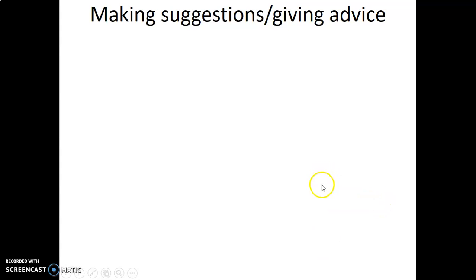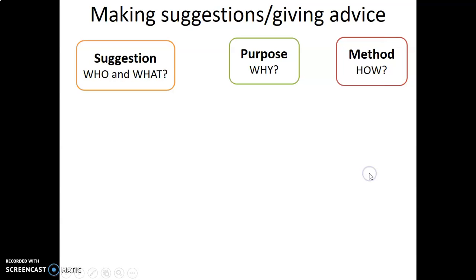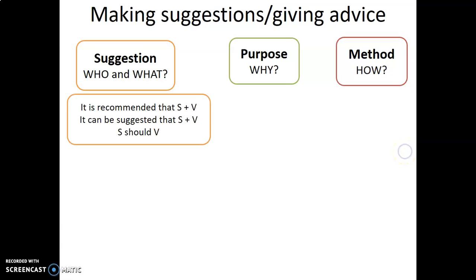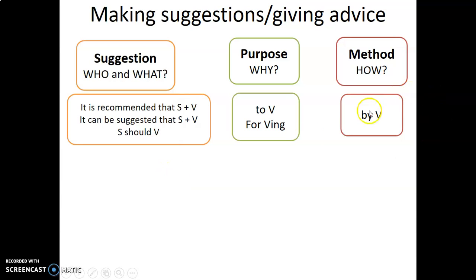So when you make suggestions or give advice, just to remind you that there is such a thing as purpose and method. Yeah, you covered it hopefully in Unit 1, but you can use this kind of scheme. Yeah, it is recommended that blah blah blah, or it can be suggested that blah blah blah, or somebody should do something, and then you can say to what, why they should do that, or how they can do that.